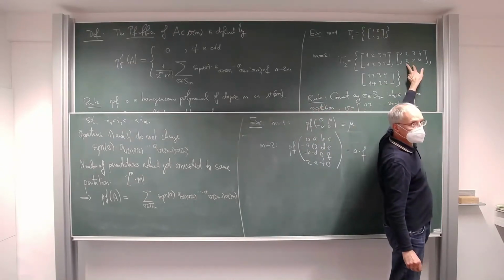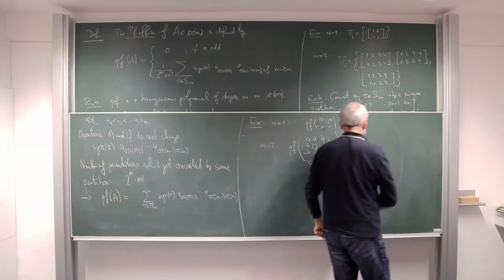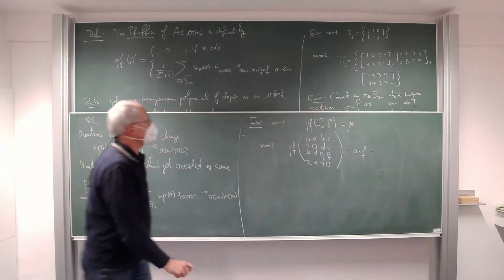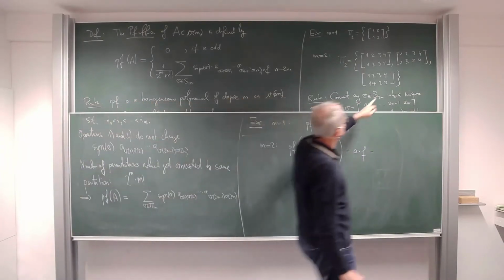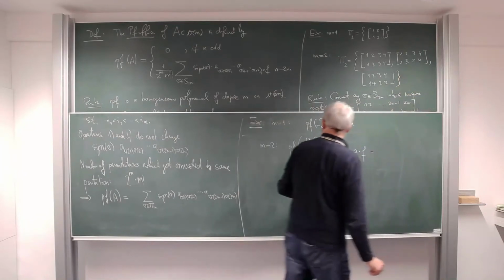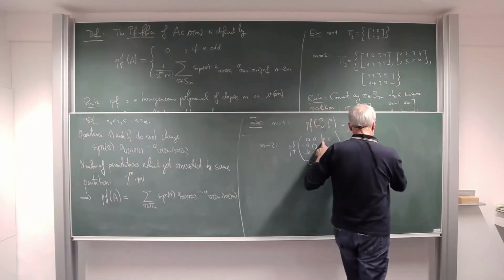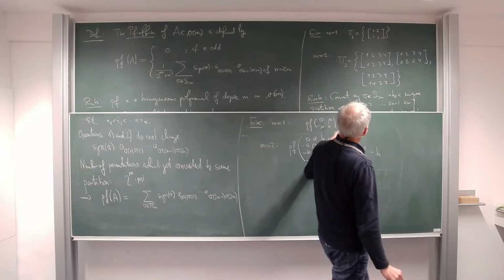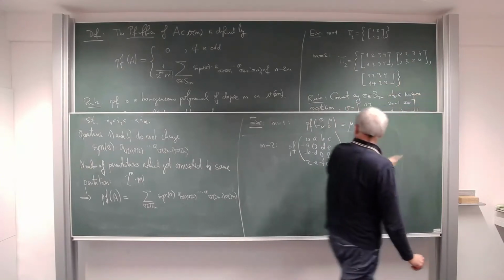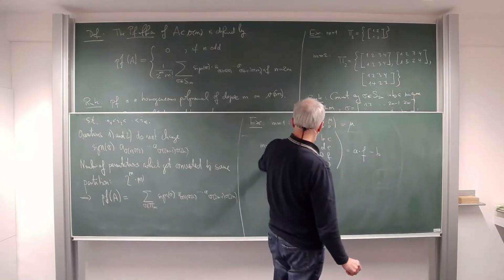So it has negative signature, so we get a minus sign. And then we have to take entry 1, 3, which is B, times entry 2, 4, which is E.